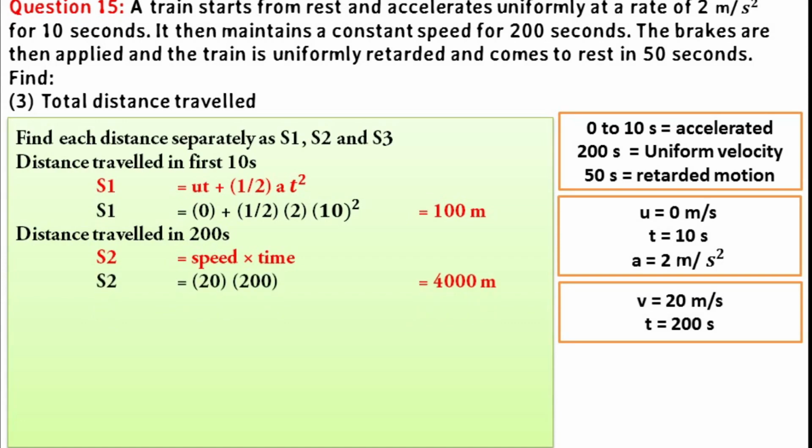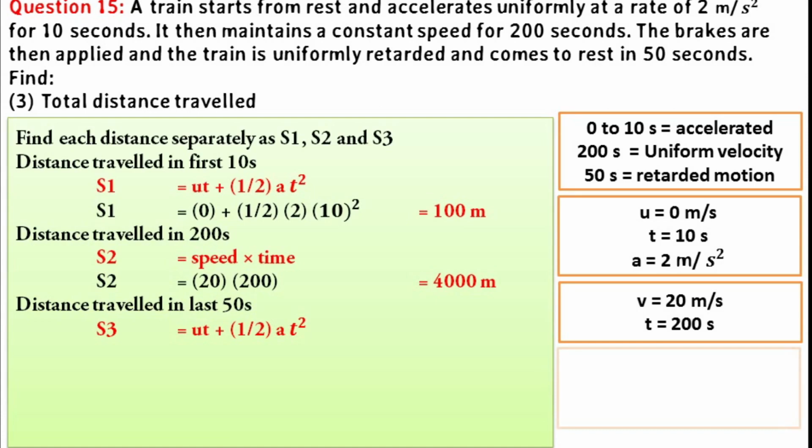And the third part, S3, again let us take the second equation of motion. S3 is equal to ut plus half at square. Here it is retardation. So u is equal to 20 meter per second, time is equal to 50 seconds and acceleration is equal to minus 0.4 meter per second square.